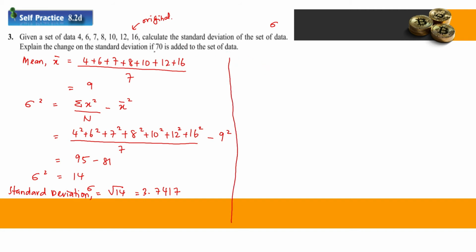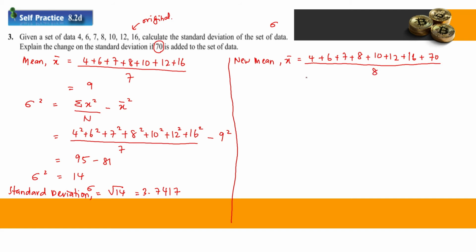Okay, now we compare if an outlier 70 is being added. So now the new mean is... outlier 70, so it has a new maximum range.